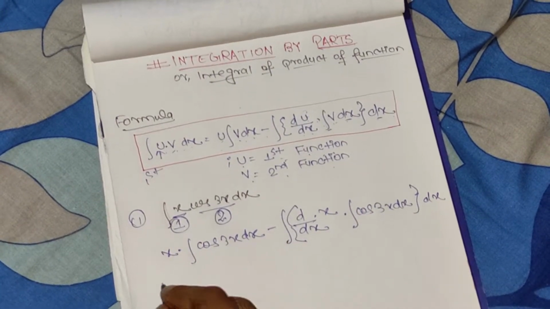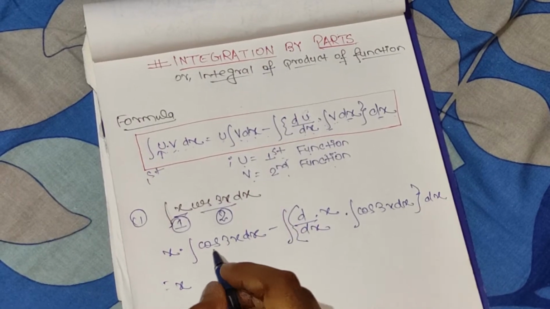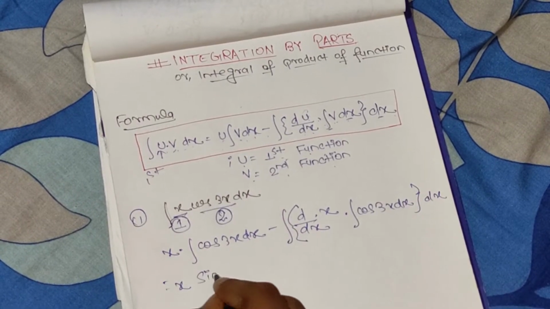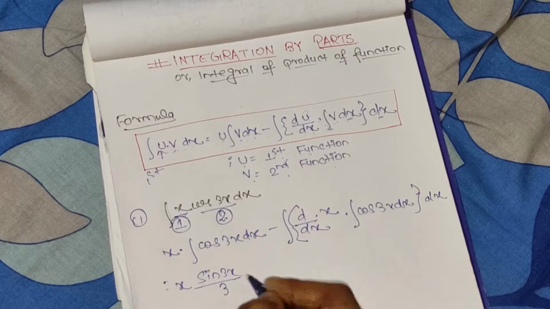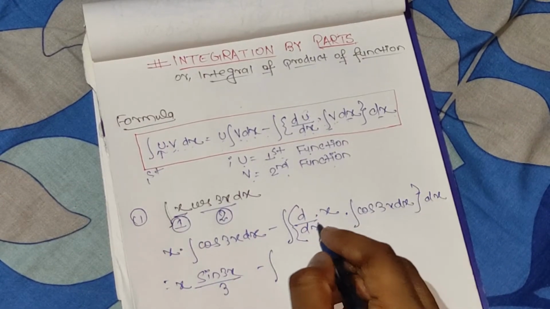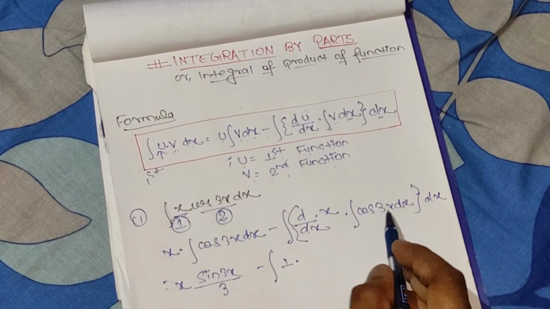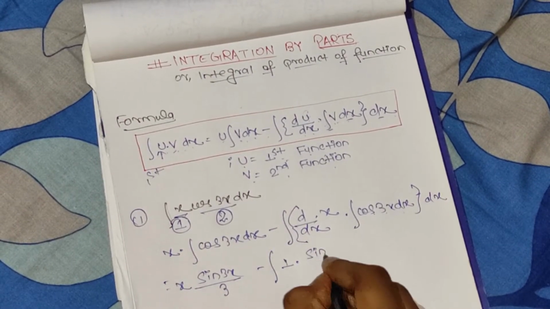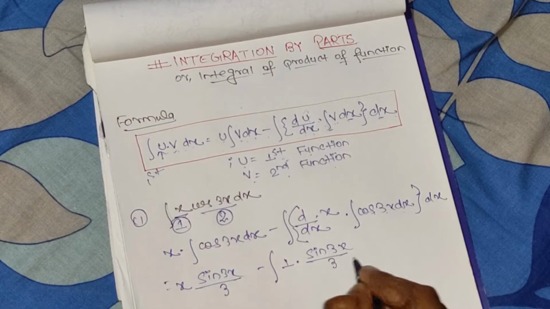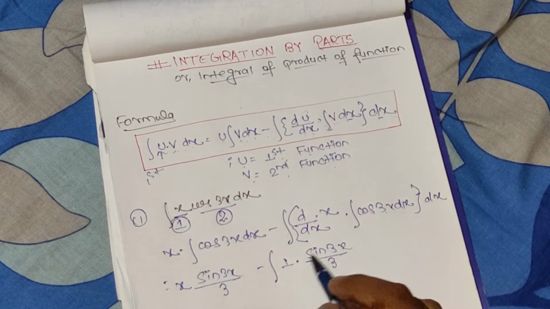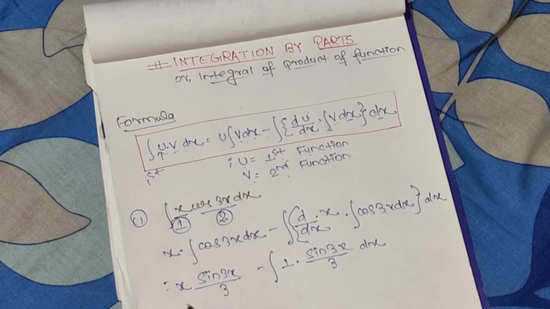Now x, integration of cos 3x is sin 3x divided by 3, minus integral of differentiation of x with respect to x, which is 1, into sin 3x divided by 3, because the integration of cos 3x is sin 3x by 3, dx.